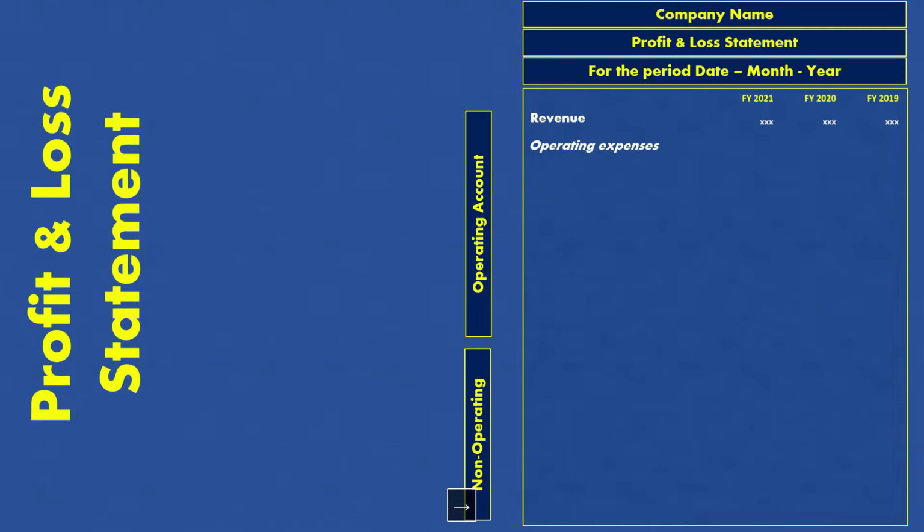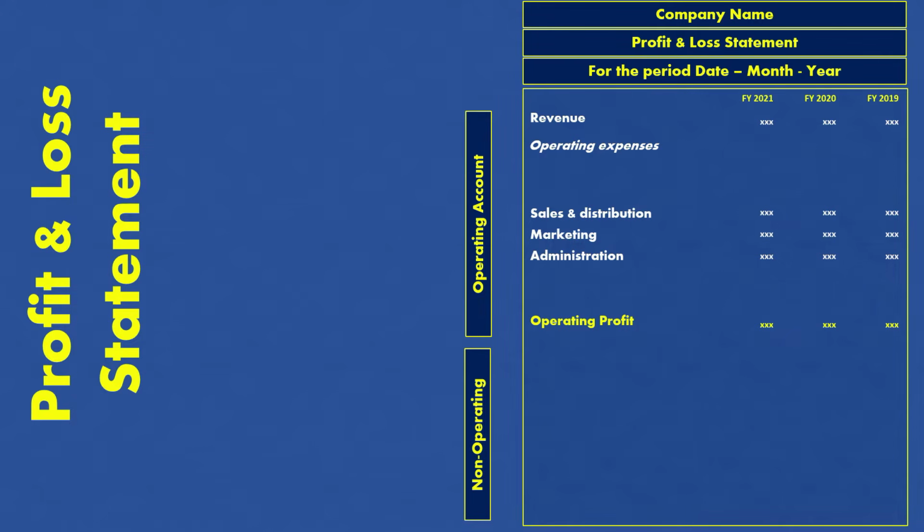Then we will deduct all the operating expenses like marketing and sales and distribution. And once we do that, once we deduct all these expenses, we will reach at the operating profit of the business. So you can say this is the profit that is coming from the core business activity. So anyone who is going to analyze the core business activity, this is the profit that they need to see.